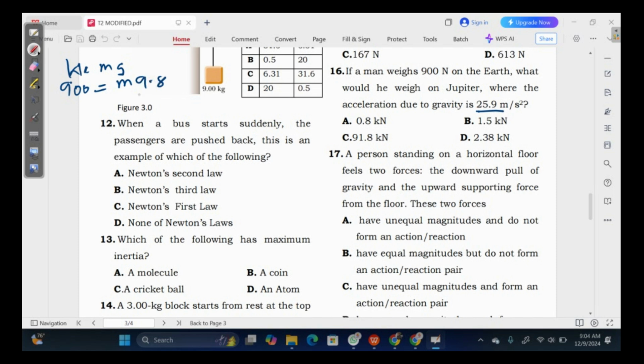So you divide both sides by 9.8. Therefore the mass will be equal to 900 divided by 9.8. That is 91.84.